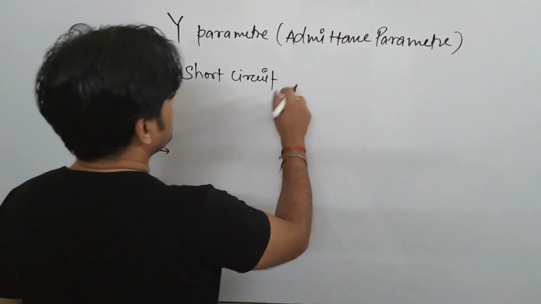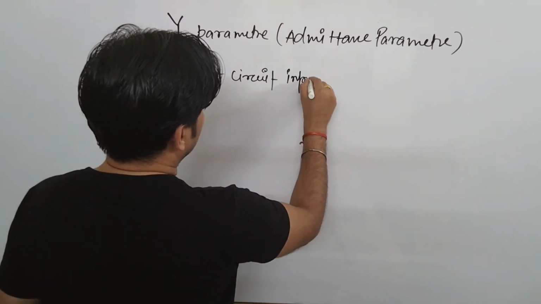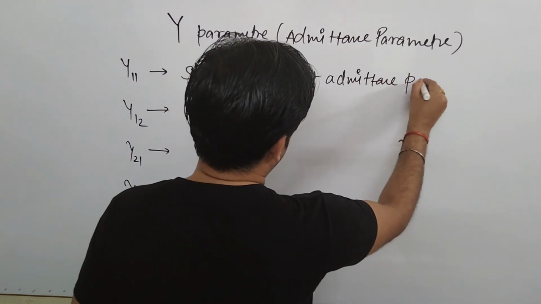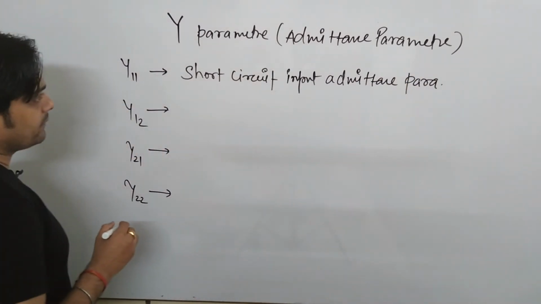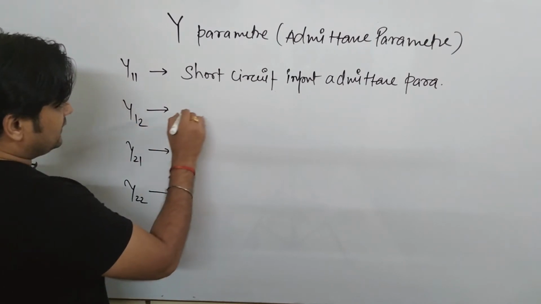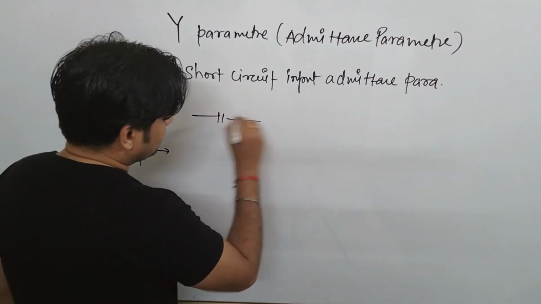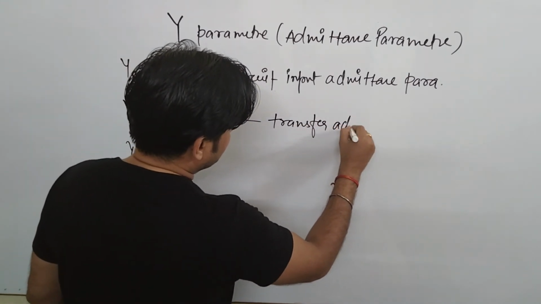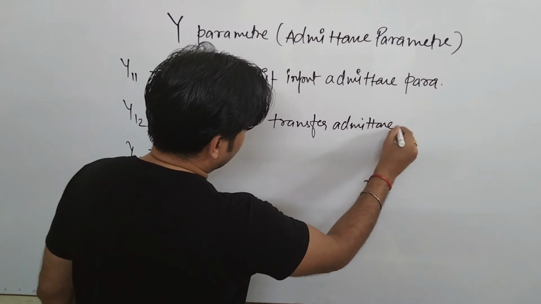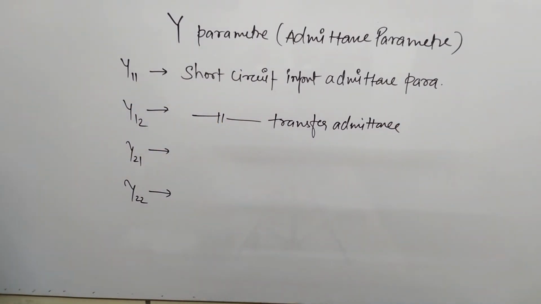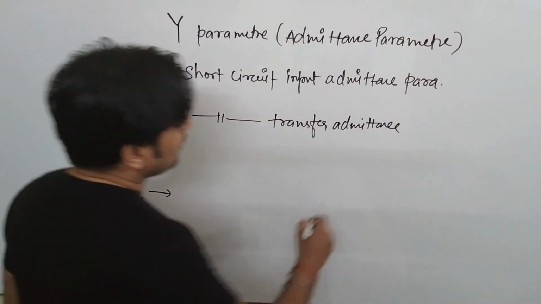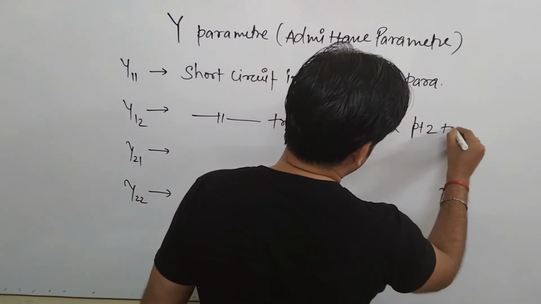Y11 is known as the short circuit input admittance parameter. Y12 is known as the short circuit transfer admittance, but it is from port 2 to port 1.